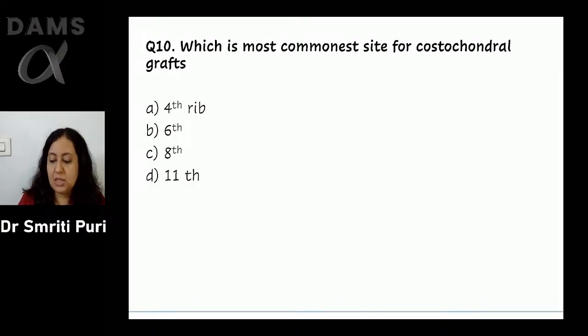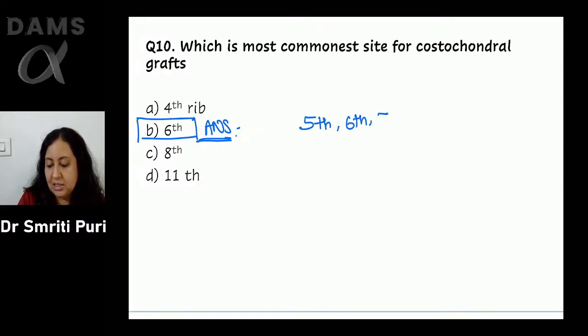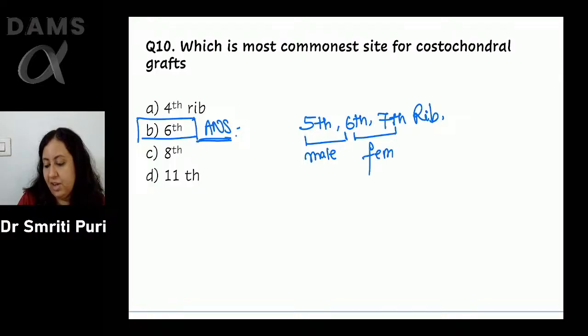Which is the most common site for costochondral graft? The answer is 6th rib. Let us see. 5th, 6th and 7th rib. 5th and 6th we use in male patients and 6th and 7th we use in female patients.